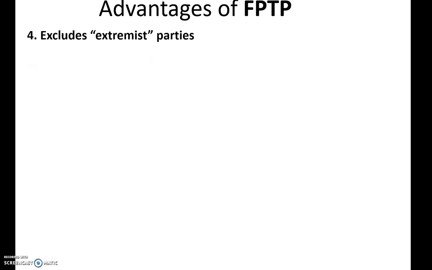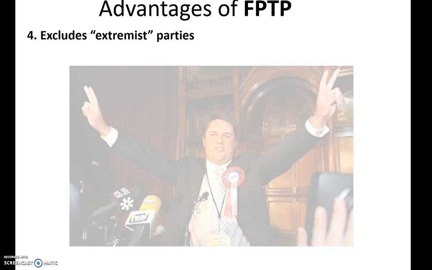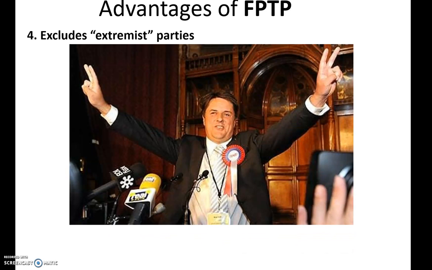Another advantage of first past the post is it excludes extremist parties. Okay, here's the BNP. Why this happens is extremist parties tend not to get many votes. So they might come fourth in every single constituency, for example, but as long as they don't win a seat, as long as they don't get an absolute majority, then they're never going to get any MPs into Parliament.